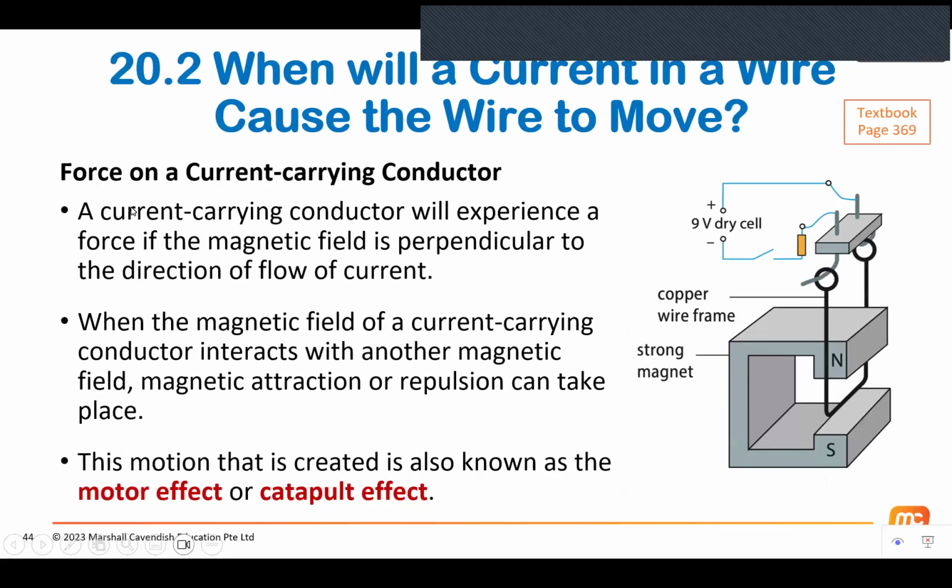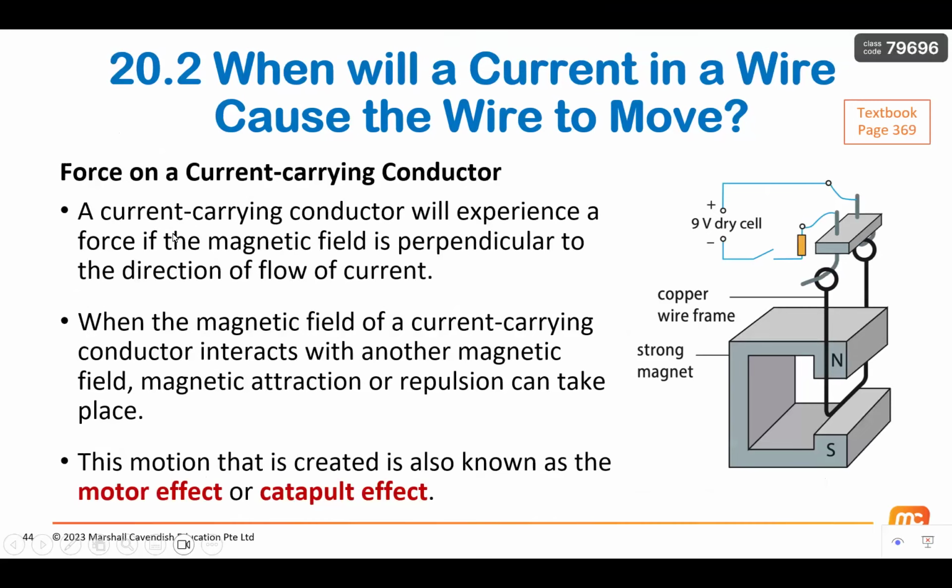Whenever there is current flowing through a wire, there is a magnetic field. When this magnetic field is placed inside another magnetic field, which can be caused by another wire or by a magnet, the two magnetic fields interact and a force is exerted.